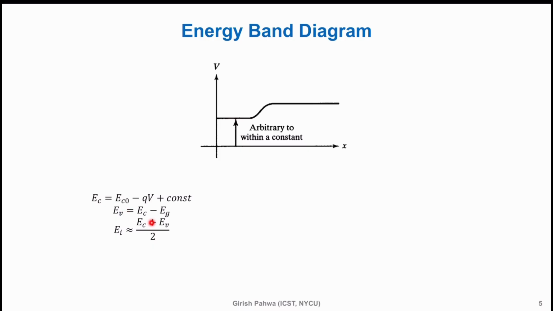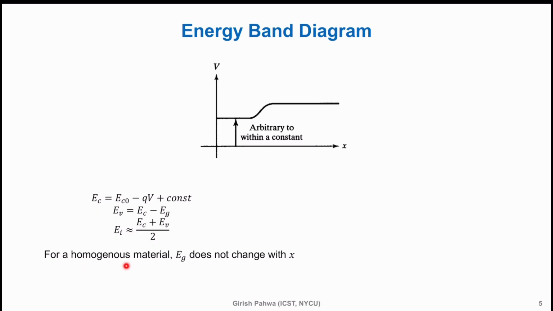And it will vary in exactly the same manner as EC. It is just that it will always be EG smaller than EC. Correct? And EI is the intrinsic energy level, which is roughly EC plus EV by 2. So we also plot this because this is useful in devices.